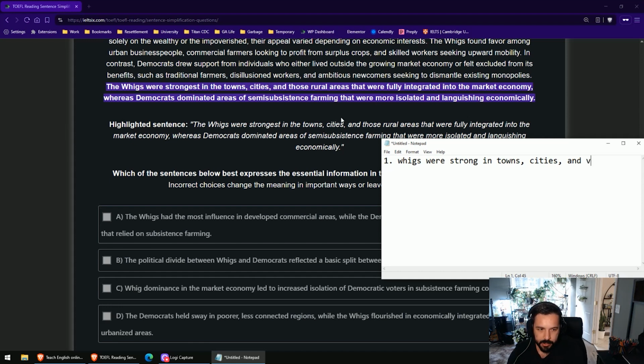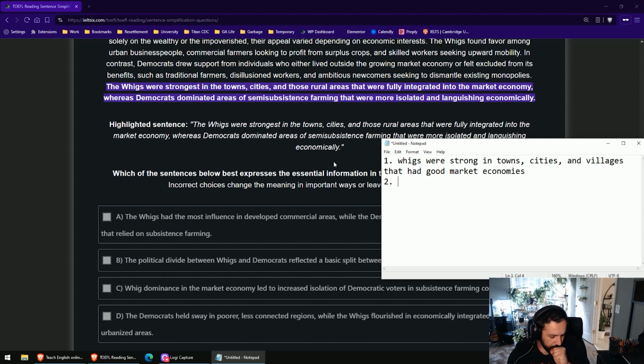It's not the best way to do it, but let's call them villages that had good market economies, let's say. Again, you don't have to be correct or accurate, just have to simplify it, because for this type of question, it doesn't really matter if you understand all of it or not.